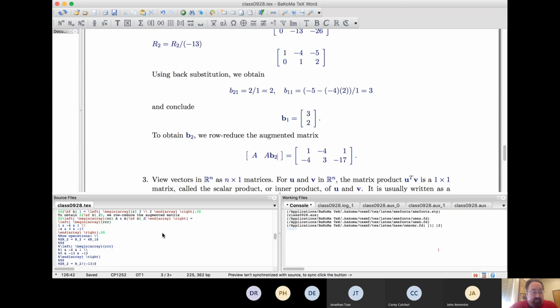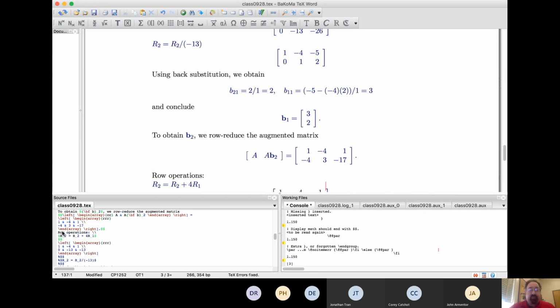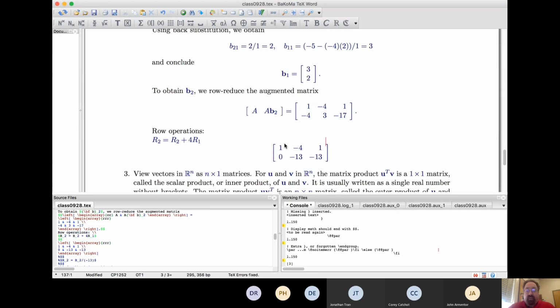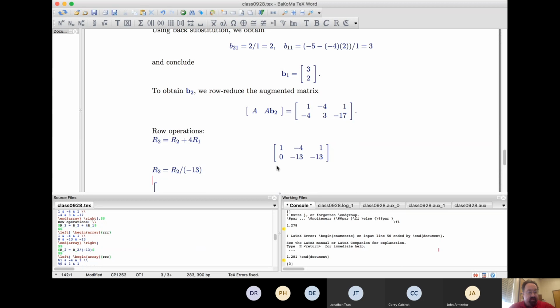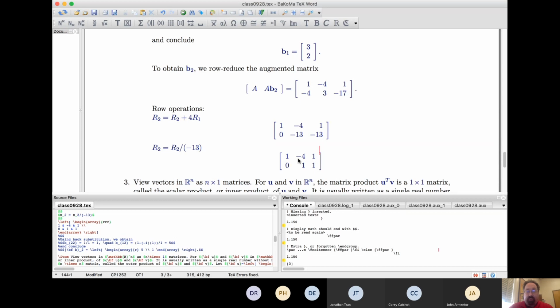Now, the row operations are determined only by the coefficient matrix, so the row operations are no different. And so I'll do the same thing as before, where I divide the second row by minus 13. And that's my final augmented matrix in echelon form.